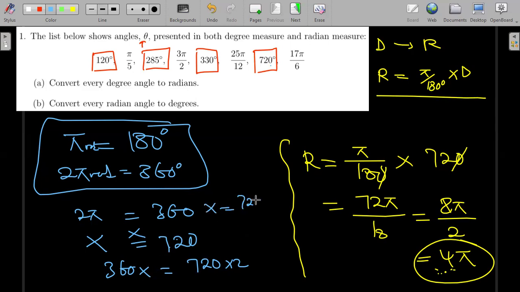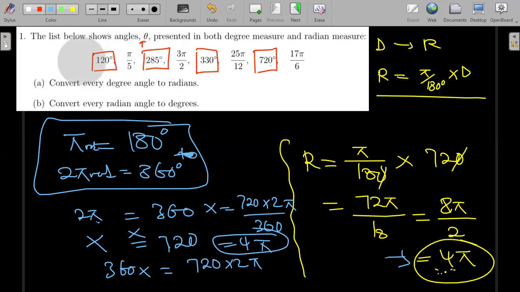So 720 times 2 divided by 360, I'm going to get 4. Okay, I forgot the pi here. There's a pi from the 2 pi as well, so when I divide, I get 4 pi, which is the same one that we got earlier. So if you don't want to use the formulas, just remember this relationship here.